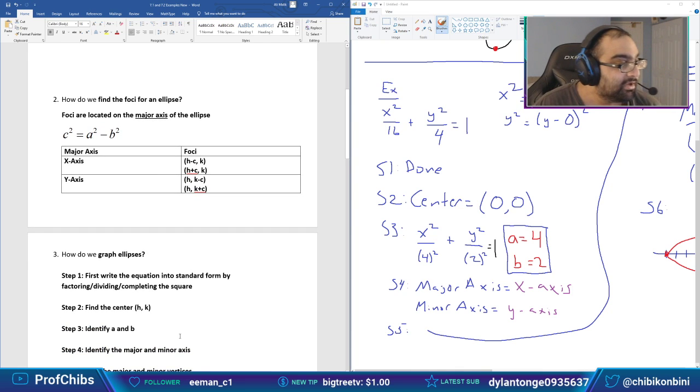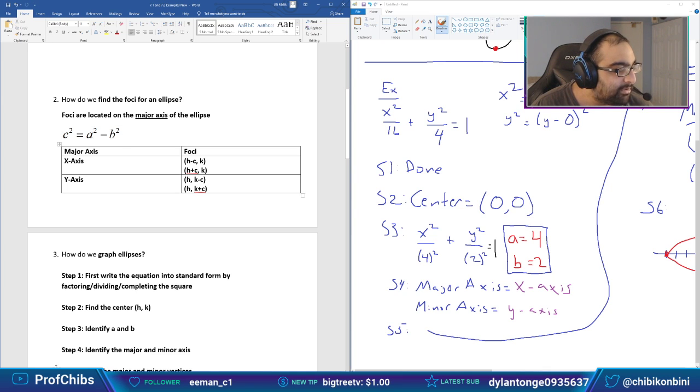Well, this foci here, and I guess, let me think. Maybe I need to add something to it. So probably I do. So let's talk about the foci here for a moment. The foci here are located on the major axis of the ellipse, and we have this c squared is equal to a squared minus b squared.